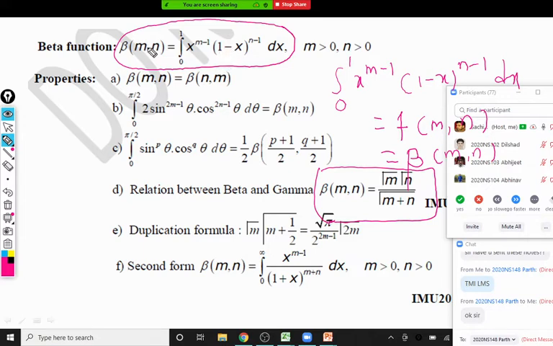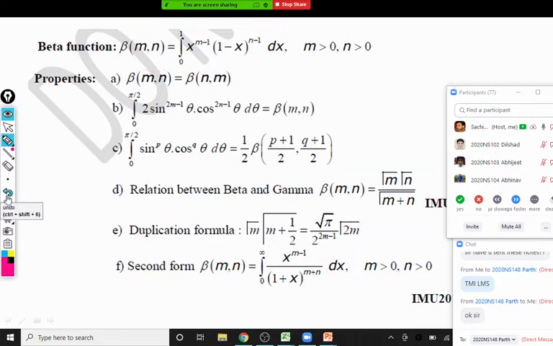Once you get a beta form, beta actually depends on gamma, so we have to convert beta into gamma form, and we already know how to get the values of gamma m and gamma n with the help of the property gamma of n plus 1 is n factorial. We'll see examples, and at that time you'll get a clearer idea of how to use the beta and gamma functions to get the values of integrals. What you should remember is the definition; this is the important thing you have to learn by heart.